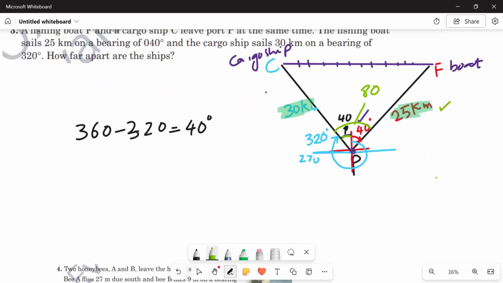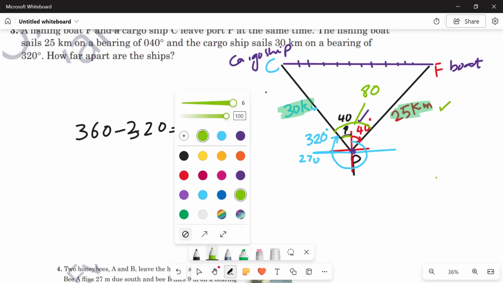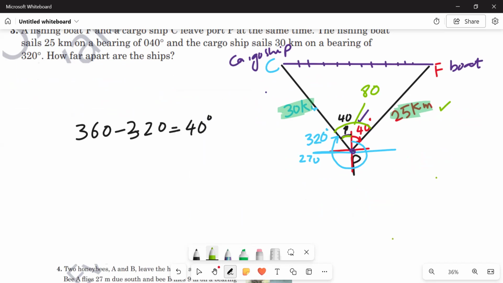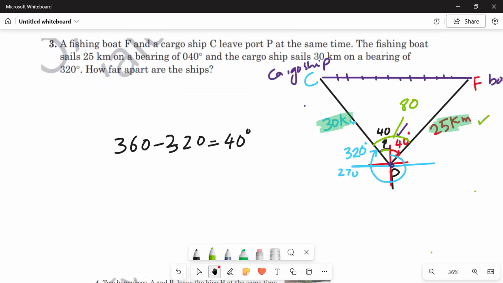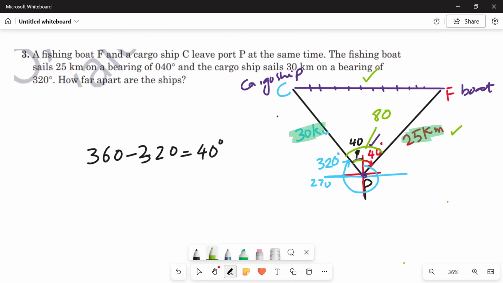Now we can easily apply the cosine rule. So what is the cosine rule? We have to find this opposite side. Let this side be small p, this one small c, and this one small f.